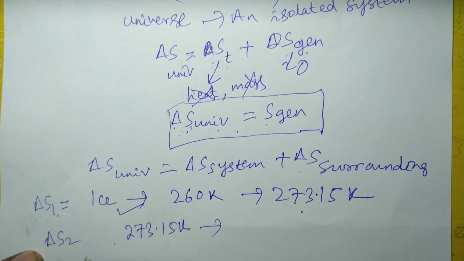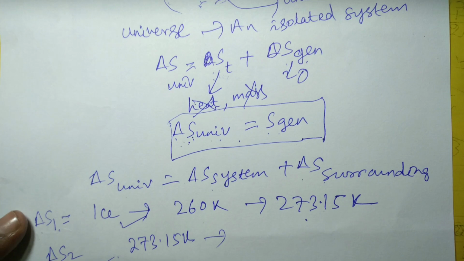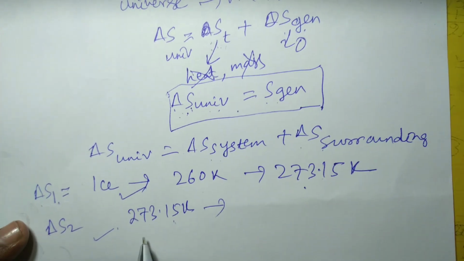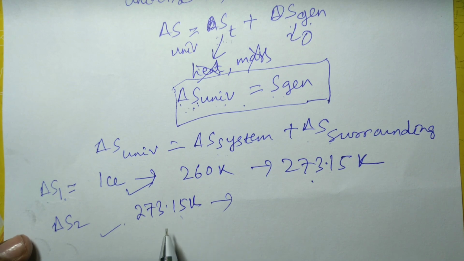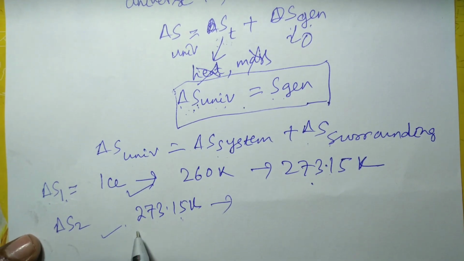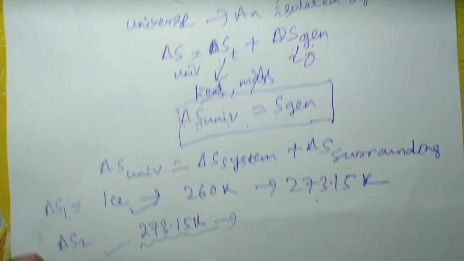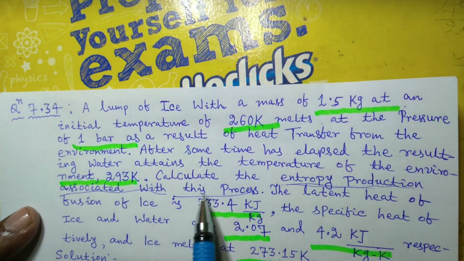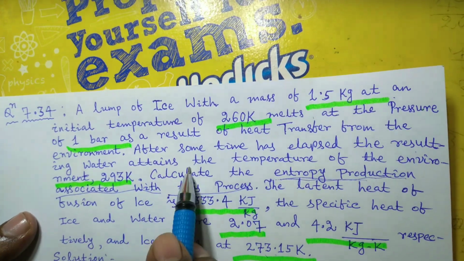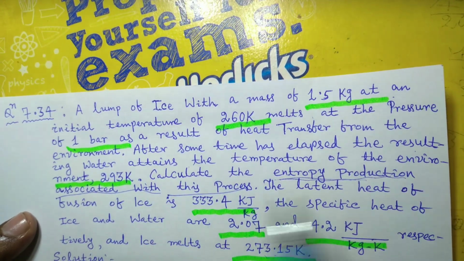Then the third stage will be when, once it absorbs latent heat of fusion, it is converted into liquid water. Then its temperature increases from 273.15 Kelvin to 293 Kelvin, because it is given in the question that after some time has elapsed, the resulting water attains the temperature of the environment, which is 293 Kelvin.